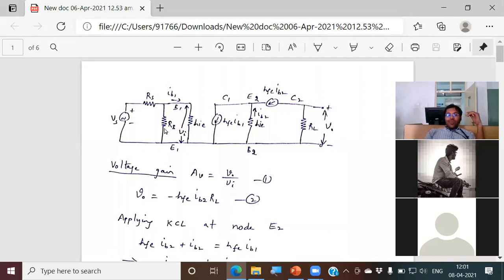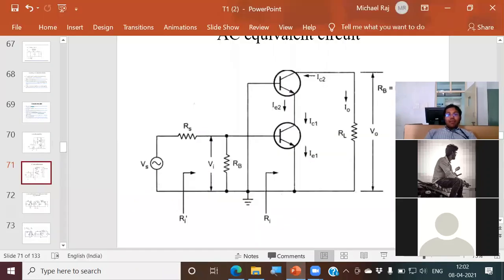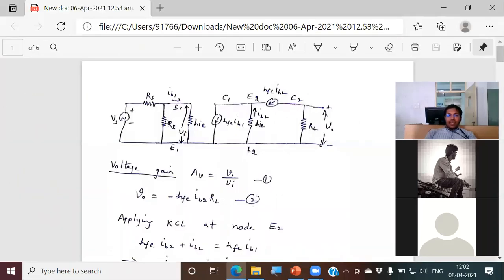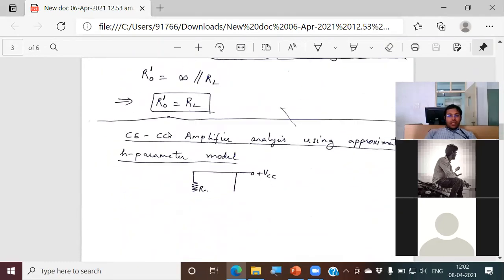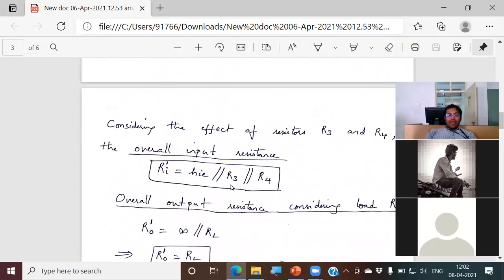The overall resistance at the input will be RB parallel HIE. RB is R3 parallel R4. So the overall input resistance will be HIE in parallel with R3 in parallel with R4, considering the effect of resistors R3 and R4.